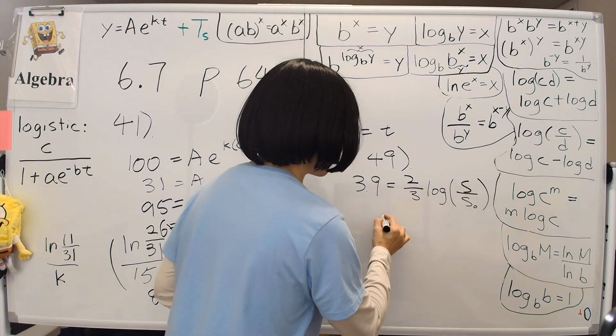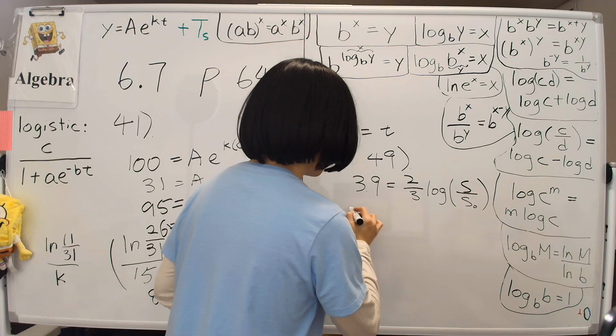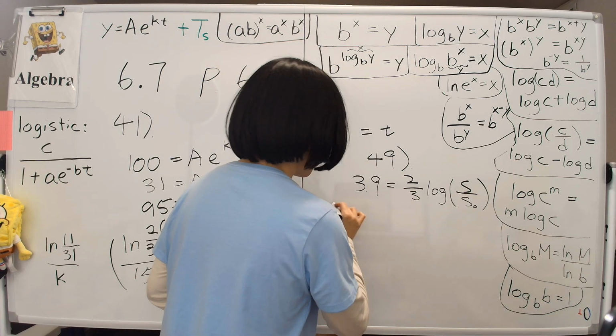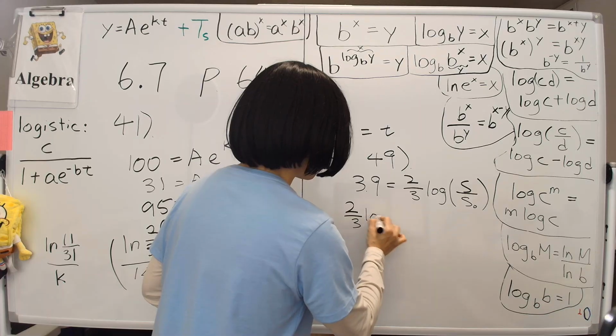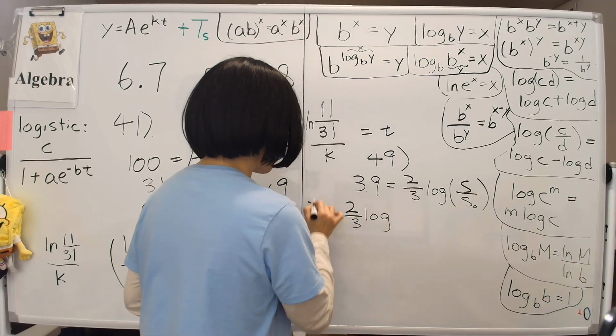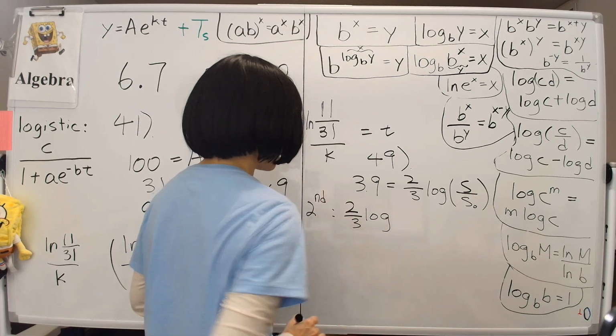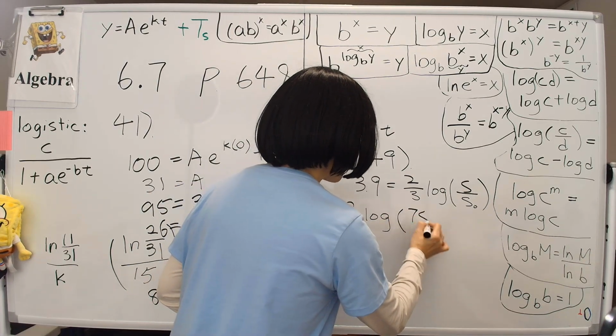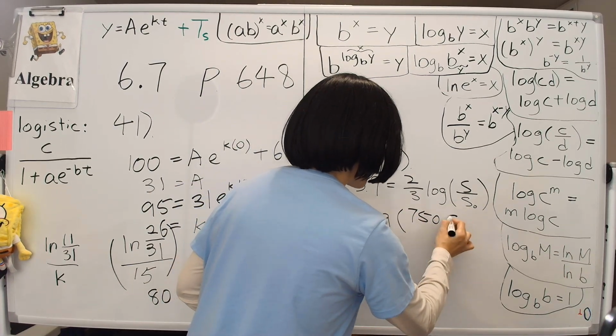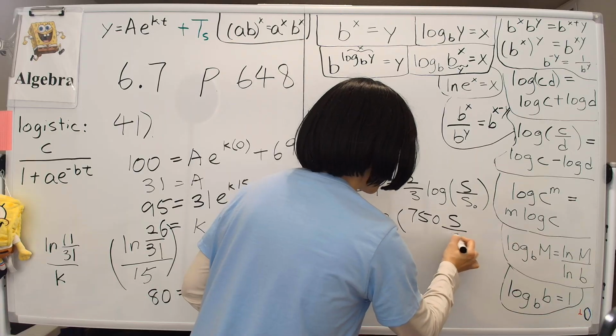So we'll stick the 750 in there. Let me write it down. So 2/3 log, this is for the second earthquake, 750 times whatever this stuff is, okay, we'll assume that means some kind of energy calculation.